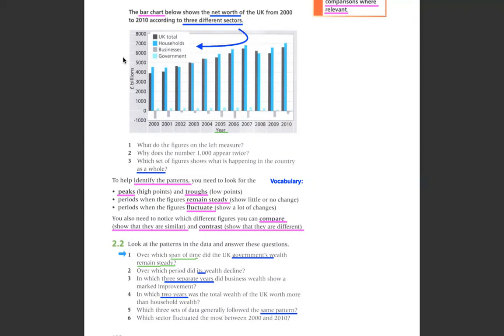So please look at the light blue government, and tell me which years did it remain steady? So you're looking from between which year to which year? So remain steady means little or no change. And you're looking at the light blue. So if there's a small change, it's fine. Little or no change.